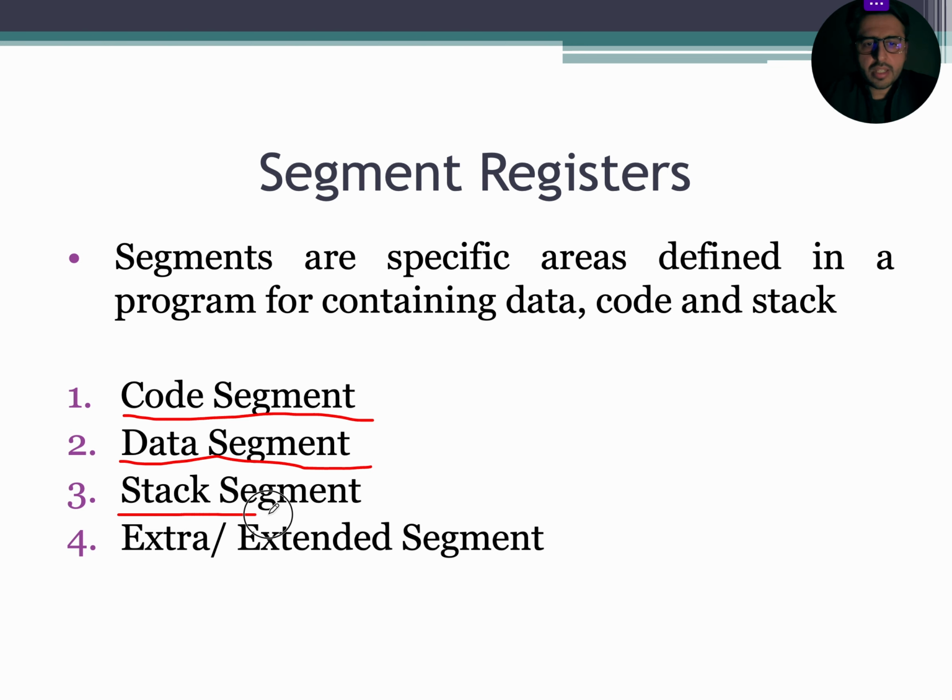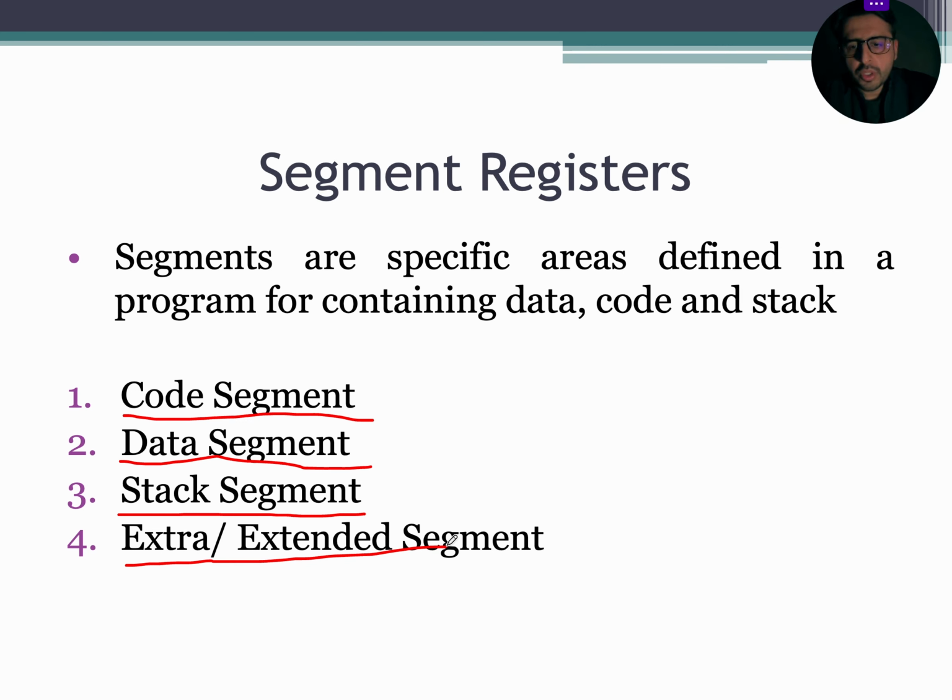The third is the stack segment. It contains data and return addresses of subroutines. A 16-bit stack segment register, also known as SS register, stores the starting address of the stack segment. Fourth and the last is extra or extended segment.